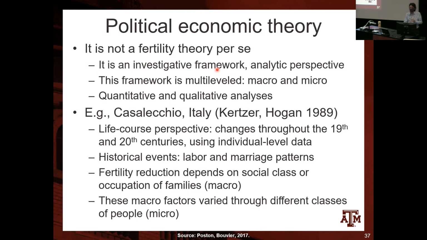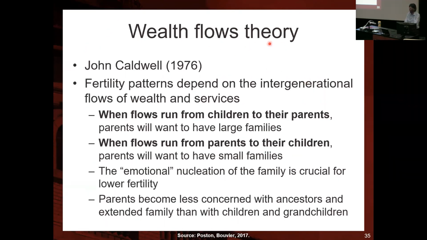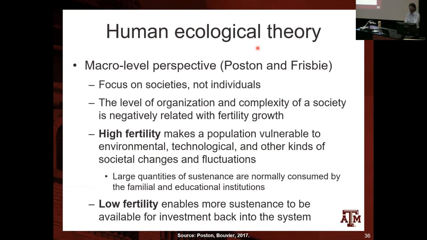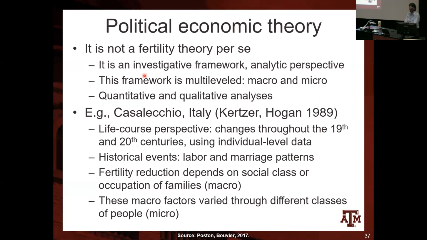This political economic theory is saying we should take into account both the macro and the micro level. So we should combine the wealth flows theory, that's more micro level, and the human ecological theory, that's more macro level.